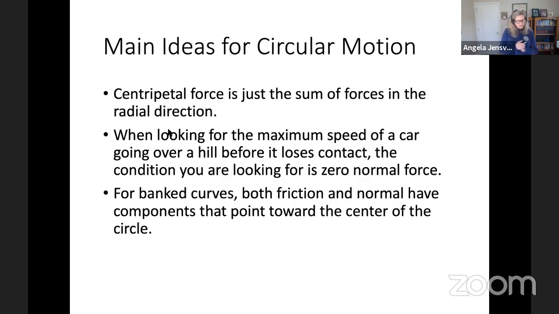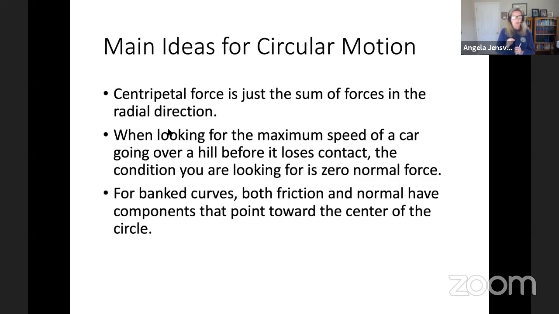Okay, so the main idea is centripetal force is just the sum of forces in the radial direction. So sometimes people think centripetal force is a separate force like normal or friction. It's not. Centripetal force is just the sum of forces acting on an object when it's going in a circle.